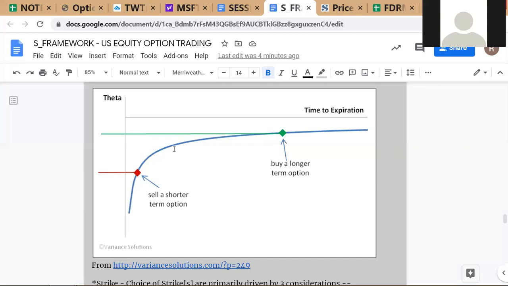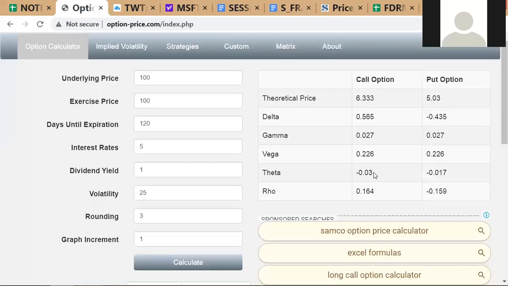And on the flip side, when you're selling options, you want to be selling short dated options. These are for long positions, so they will be reversed if you have a short position. Okay. If you have a short position, then this becomes positive, because it's negative times this, so it's positive.